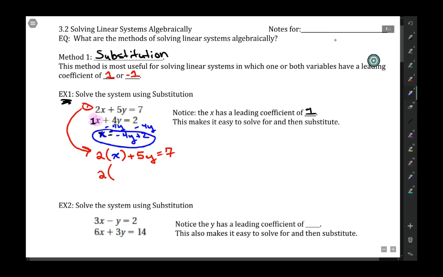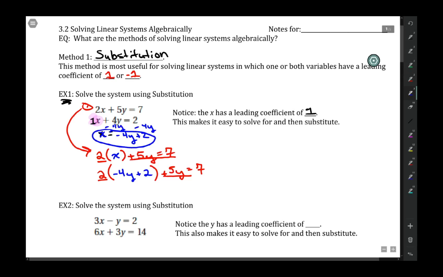So x is really -4y plus 2, plus 5y. That is a common little mistake there. Equals 7. Everything else stays the same, but we substituted x in there from what we solved originally.